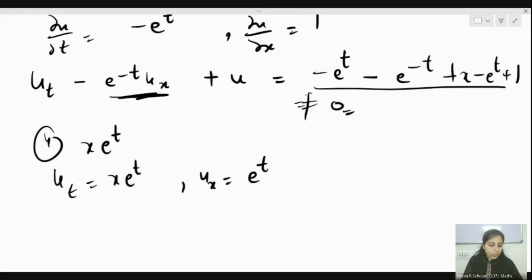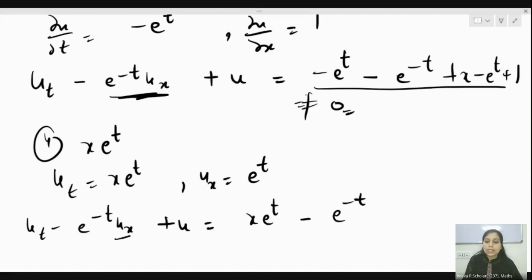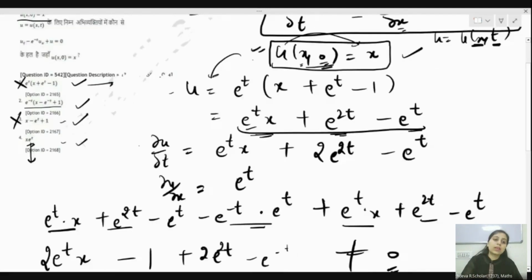Substituting this in the equation, ut minus ux plus u. ut is x e raised to power t, minus ux is e raised to power t, plus u, x e raised to power t. So this also didn't become 0. So this option is also cancelled out. The only remaining option is the second. So the second one is the correct answer.